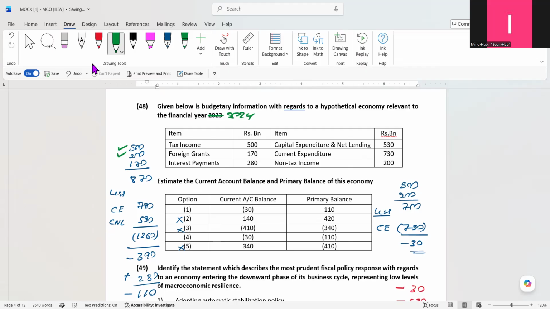This is total revenue: tax revenue plus non-tax revenue, 700 is the total revenue.